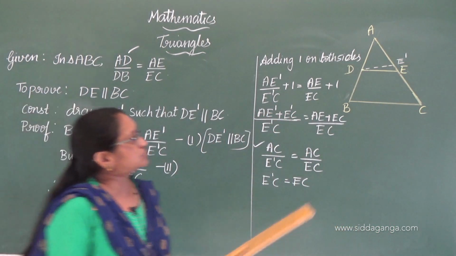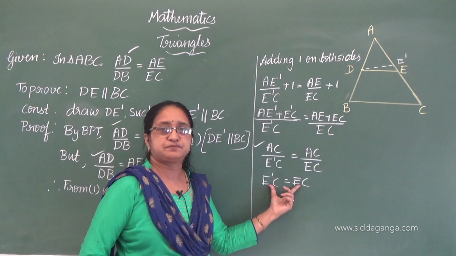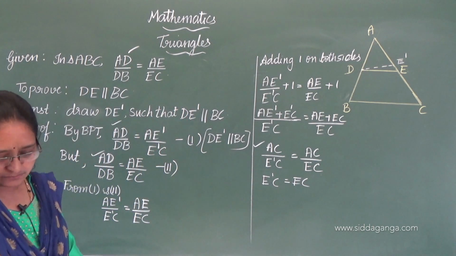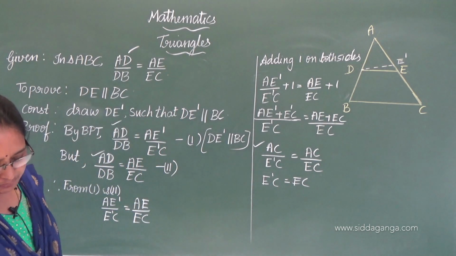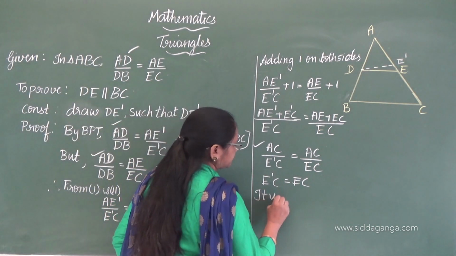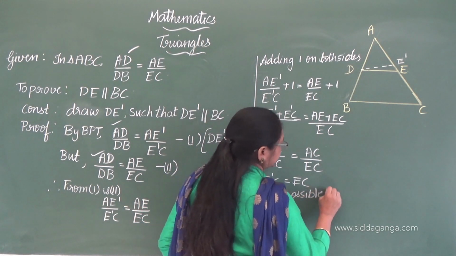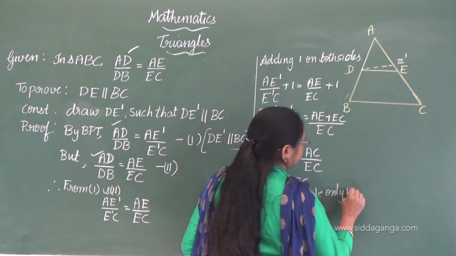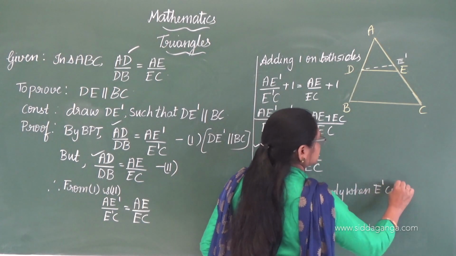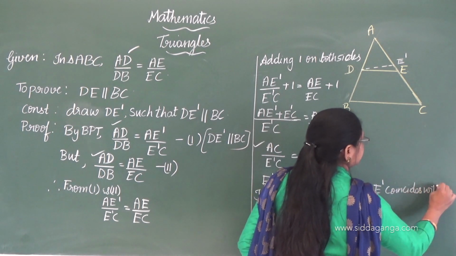When E dash coincides with E, then only this can happen, isn't it? So, we can write that result. It is possible only when E dash coincides with E.